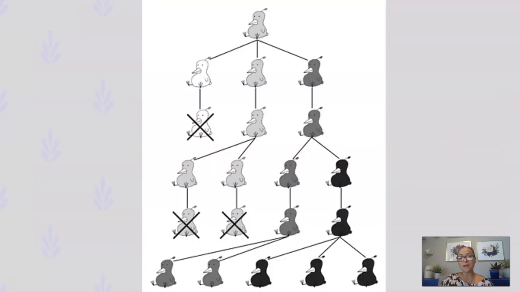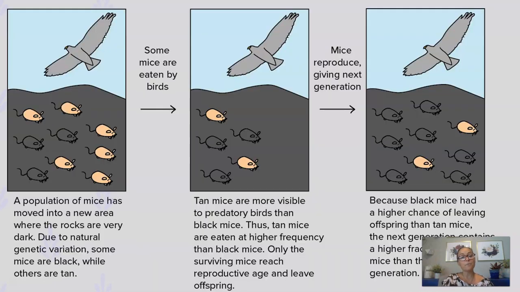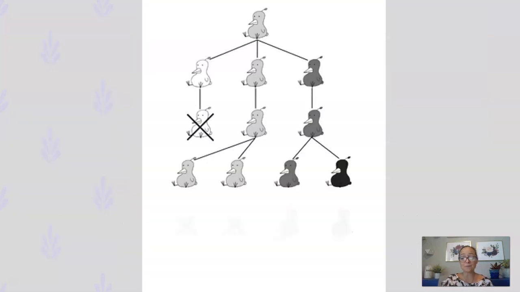So when we saw back here, this population is evolving because it's changing over time. The phenotypes are becoming darker over the generations. If we look back at the mice example, again the phenotypes are becoming darker over the generations. So this population is evolving. It's changing. Evolution just means change over time. And natural selection is one of the ways it happens.